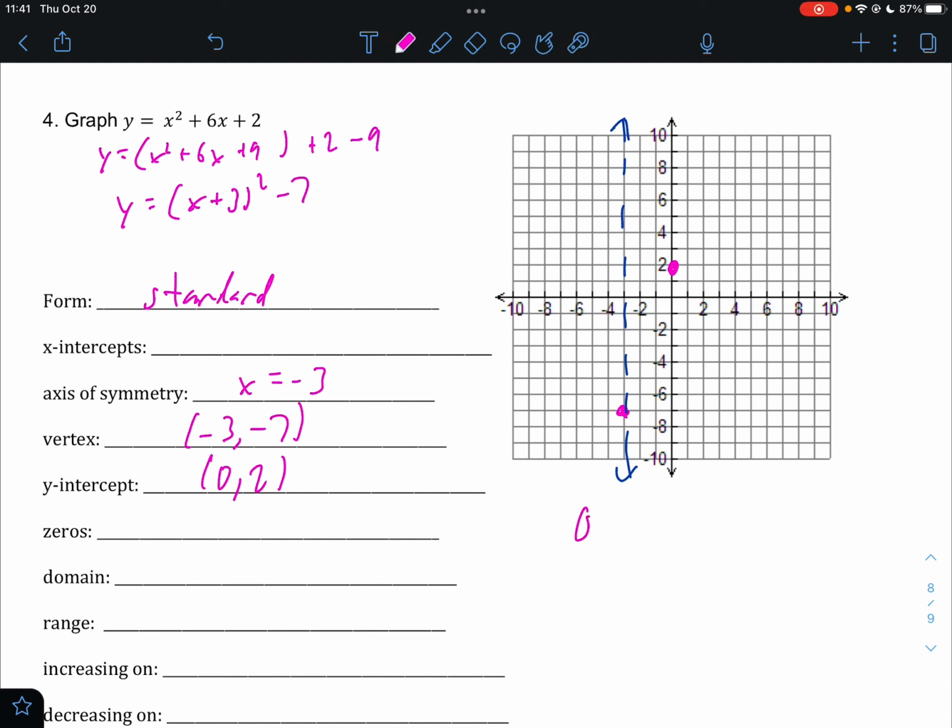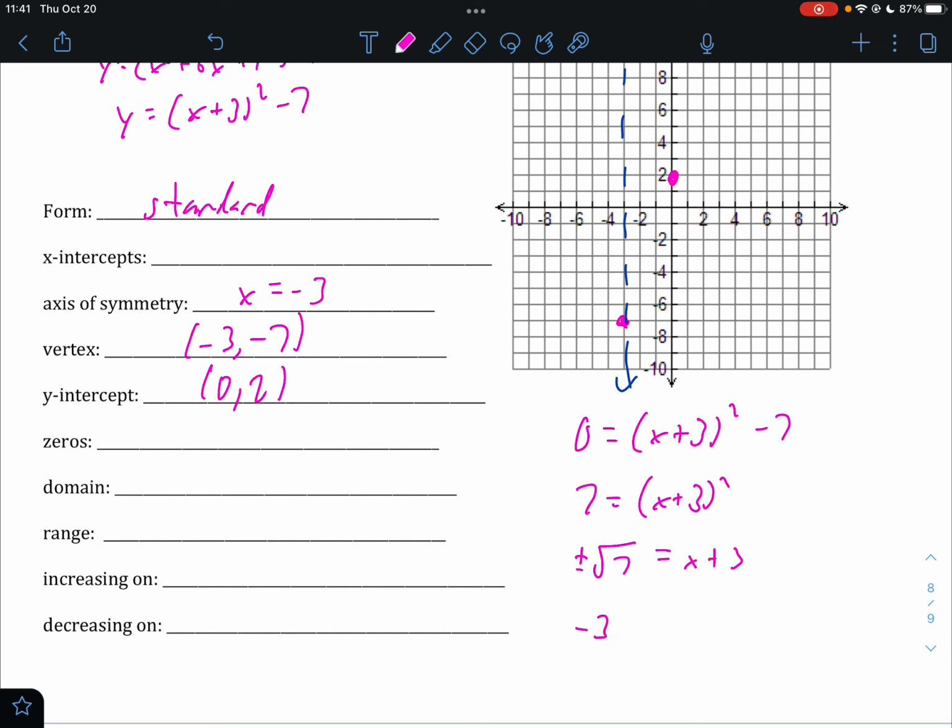I'm going to set this equal to 0 and solve. Our x-intercepts are at negative 3 plus or minus root 7, comma 0. And our zeros are x equals negative 3 plus or minus root 7.